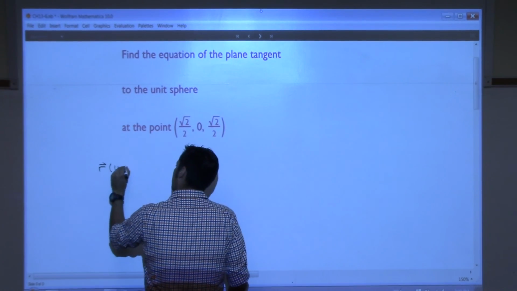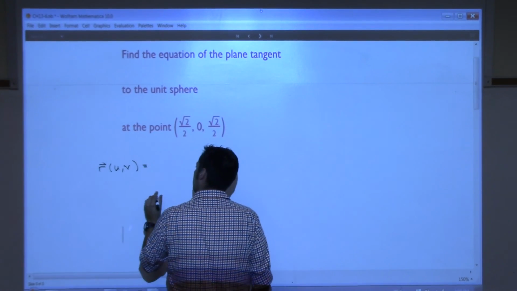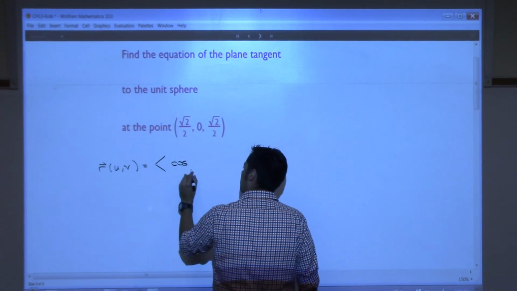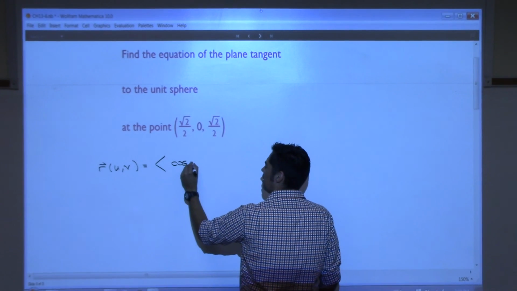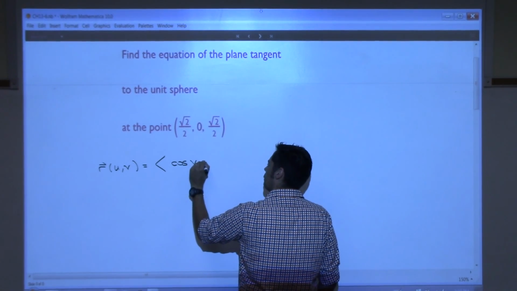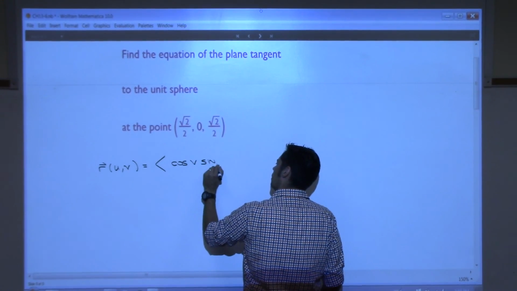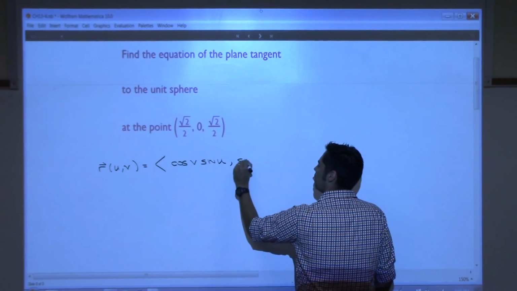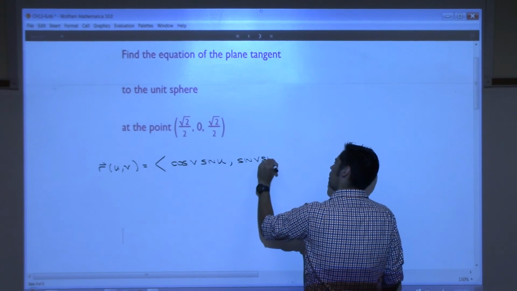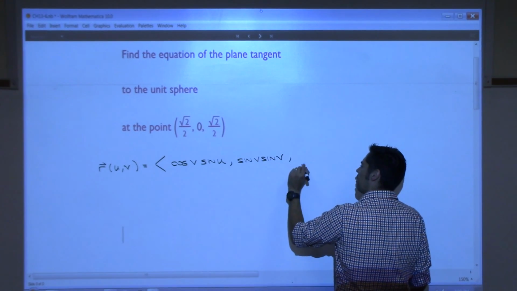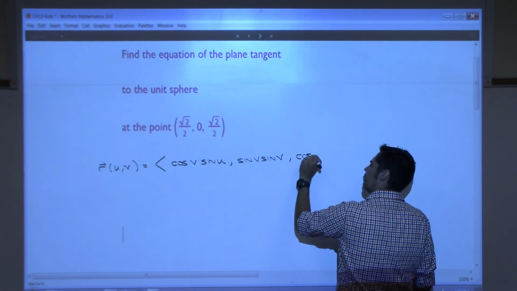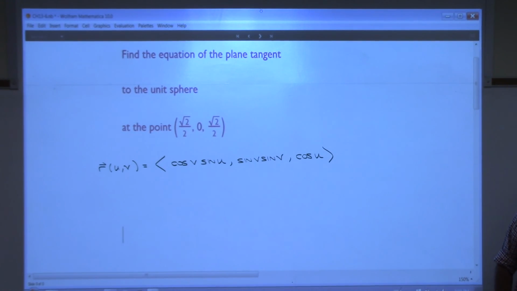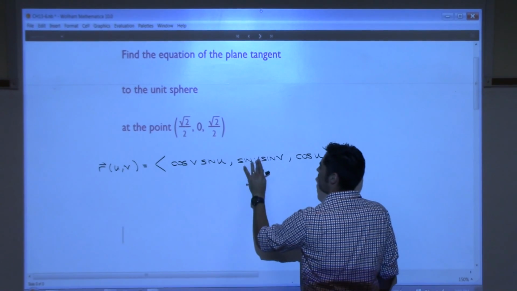R of u, v will be equal to, how did I have it written there? I think I just switched the order by accident there. Tell me if this is what I had up there on the previous note. Cosine u, is that what I had? Oh, those were both supposed to be different.